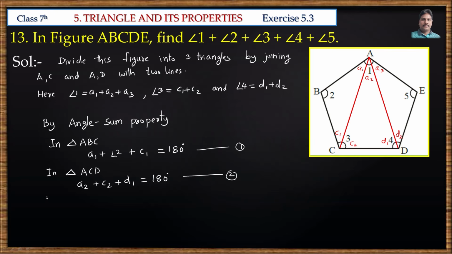And in the triangle ADE, angles are A3, D2 and angle 5. A3 plus D2 plus angle 5 is equal to 180 degrees. Say it as equation 3.